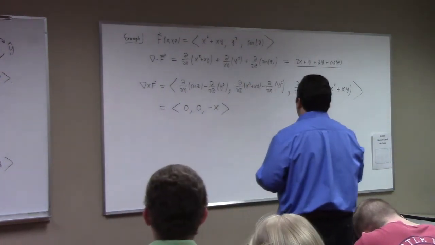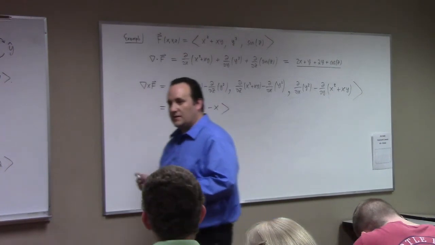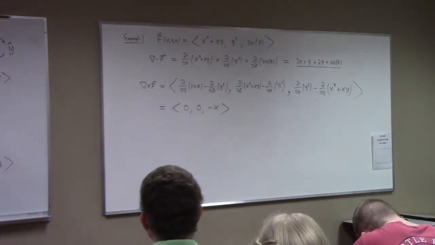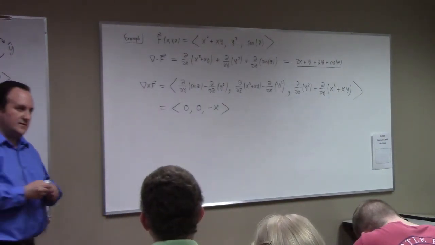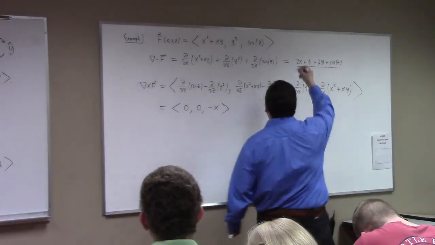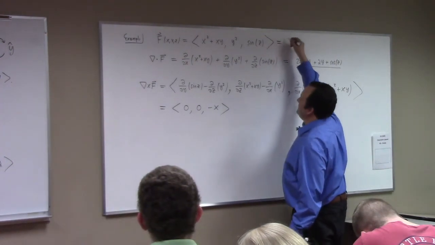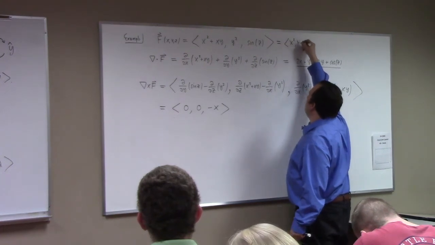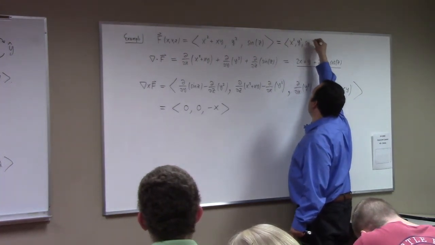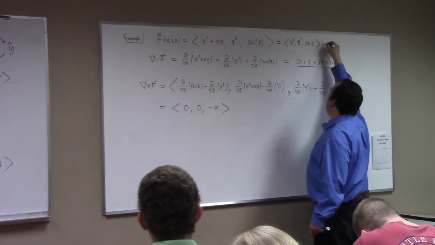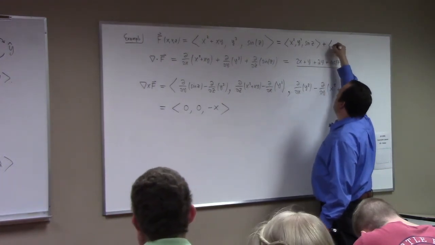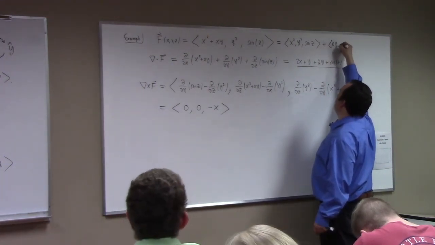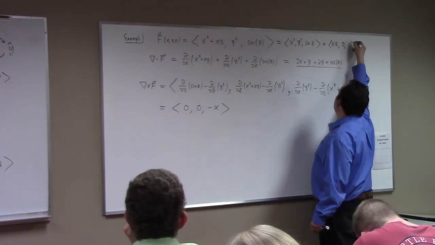If we look at this carefully, we can see that this vector field has two pieces in it, doesn't it? There's two different things going on here. This is the sum of one vector field, x squared, y squared, sine z, and then the other thing, the weirdo, xy, 0, 0.